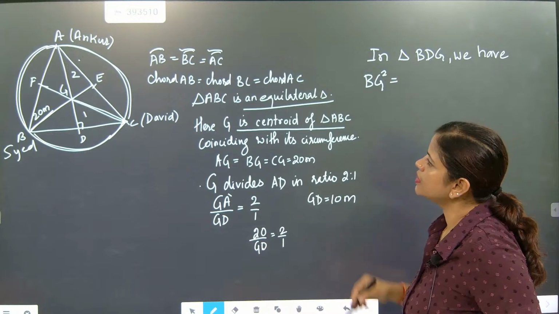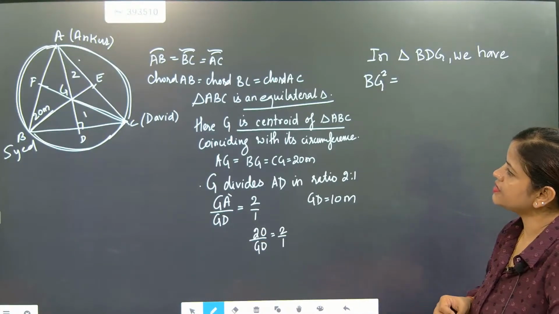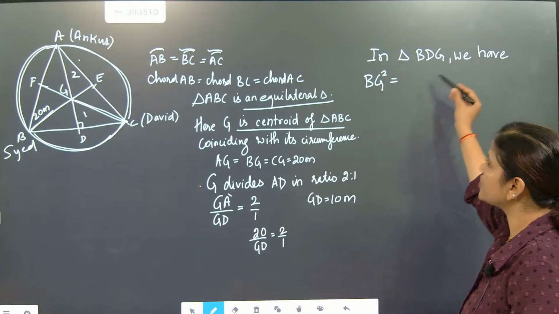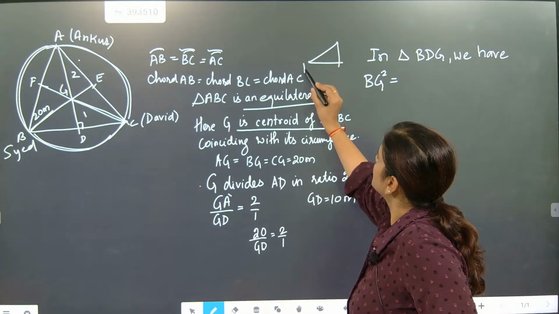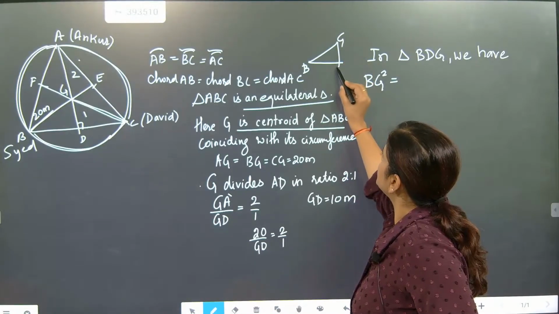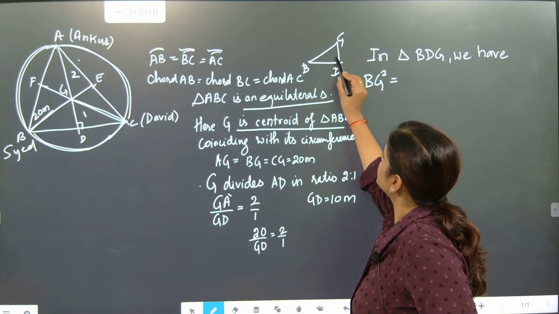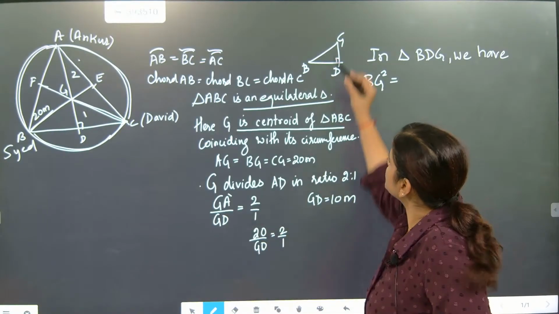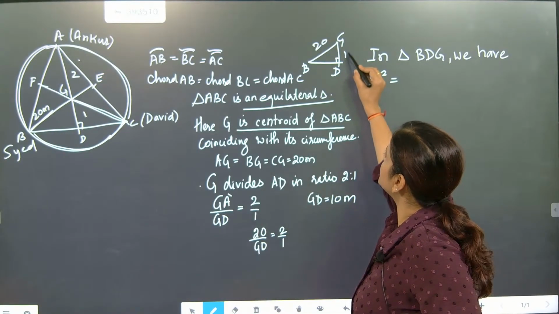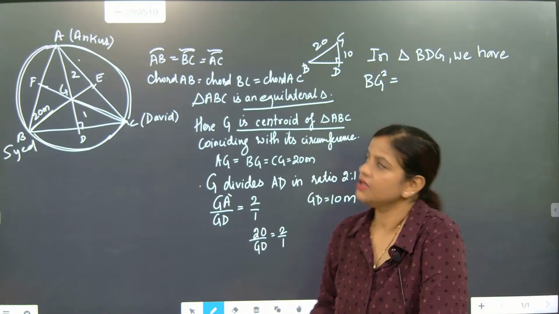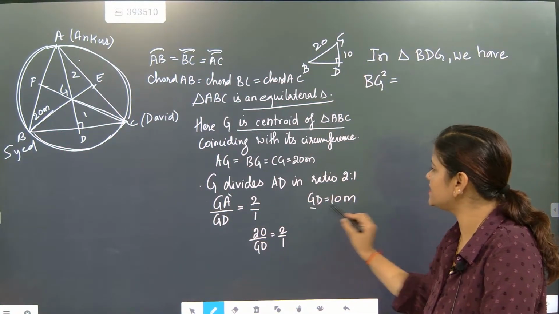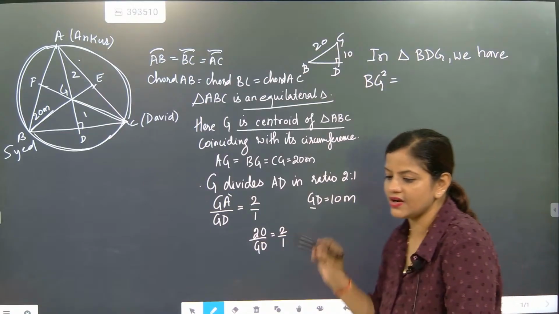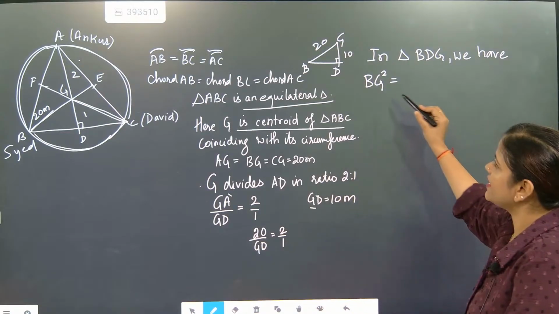Which triangle have we taken? We have taken triangle BGD. This is 90 degree. Understood? This is already 20, beta, and this part is 10. So we will find BD. Correct? Because just now we got GD as 10. So use this part and write the content.